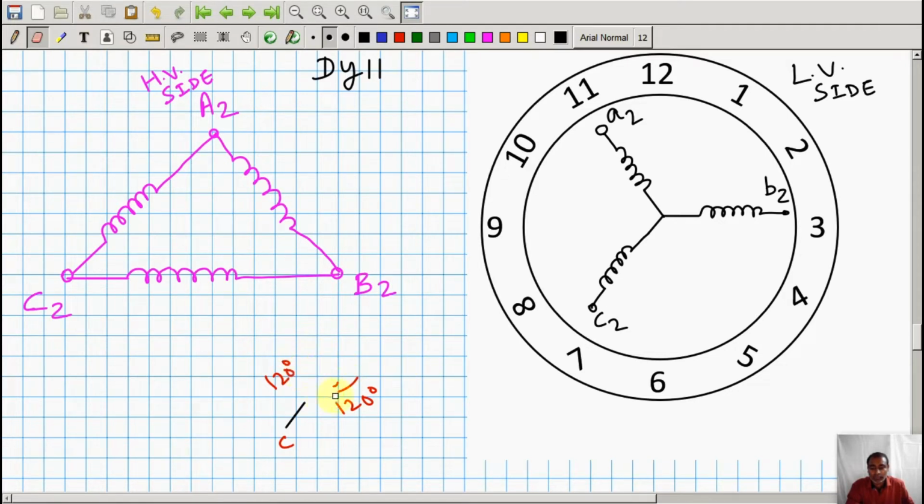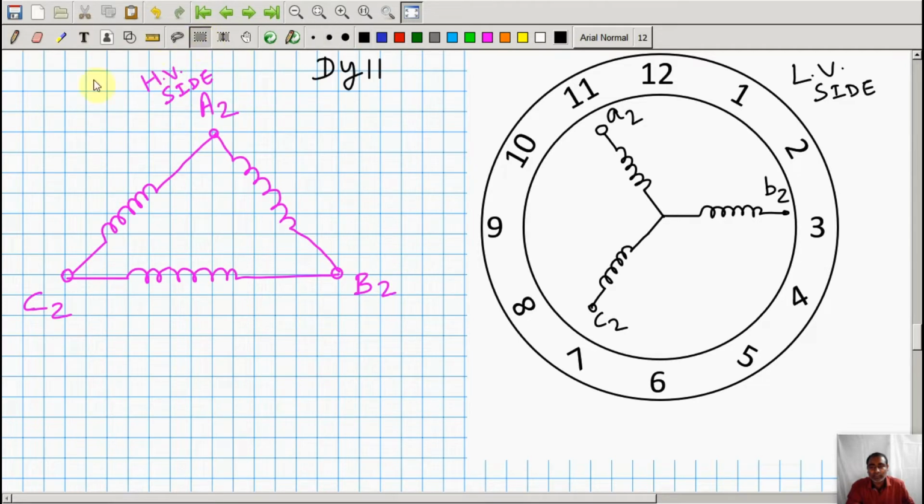Small a2 means the low voltage side terminal, and since in the connection it is written Dy11, obviously the time in the clock is 11 o'clock, so LV side should point towards 11, and you can see here HV side is pointing towards 12 actually.